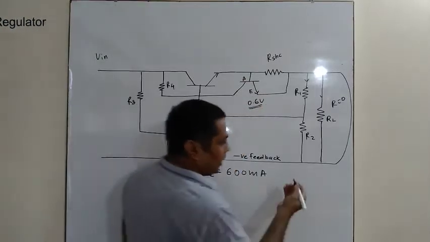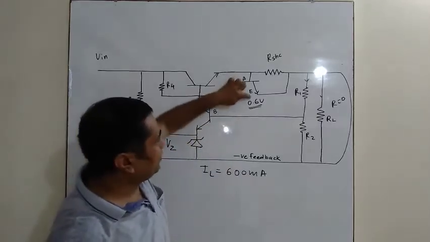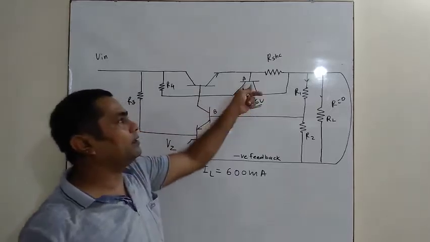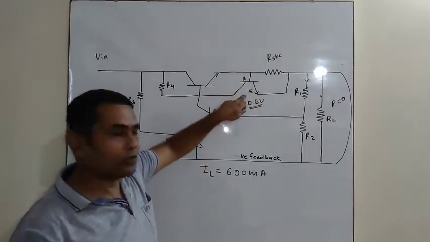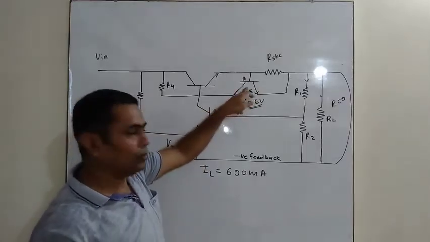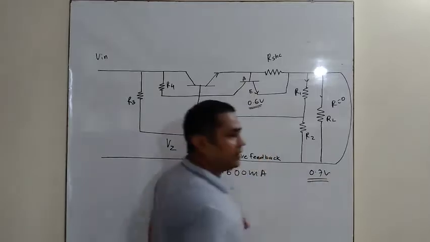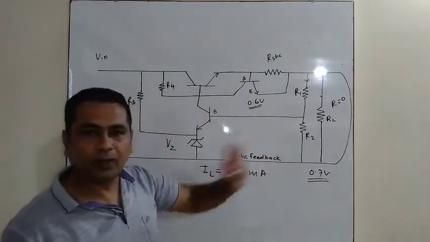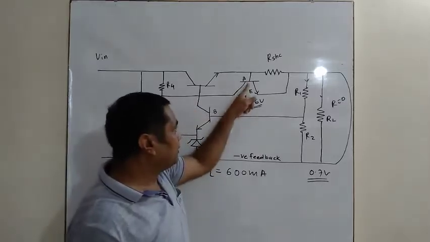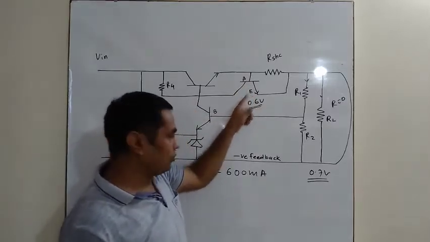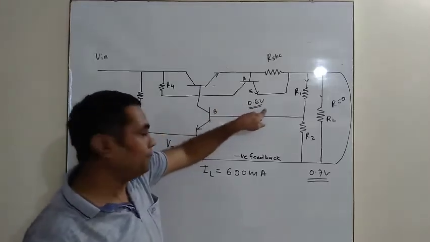Because the base to emitter is a diode inside the transistor, this diode should be reverse biased so that the transistor will be off. To forward bias it, the voltage across the diode must be more than 0.7 volt. So we want a lower voltage to reverse bias this diode, and for this we have considered that this voltage must be equal to 0.6 volt.